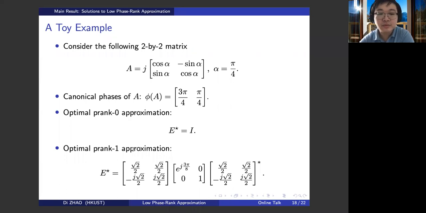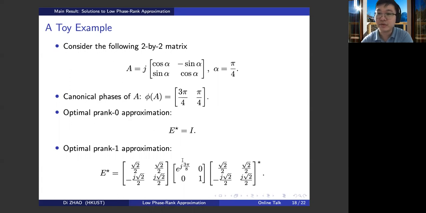And the optimal rank 1 approximation is given by this. The left and the right terms we can see as the T term in the sectorial decomposition, and the middle part contains all the information of E. We see that it is indeed a rank 1 matrix, because the second term has 0 phase, and the first term contains the phase 3 pi over 8, which is half of 3 pi over 4.